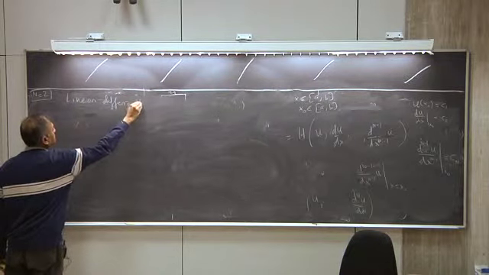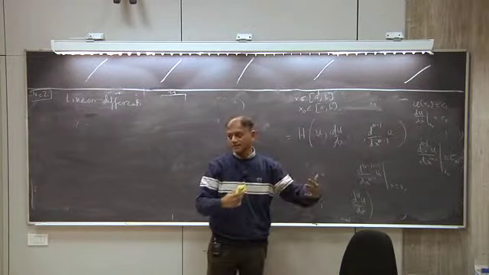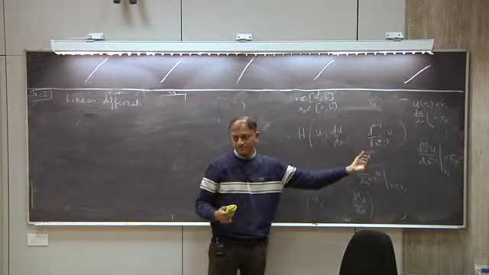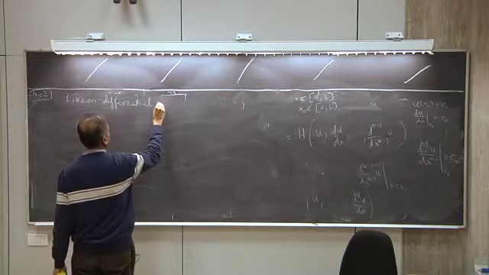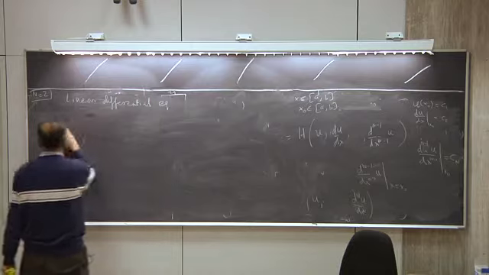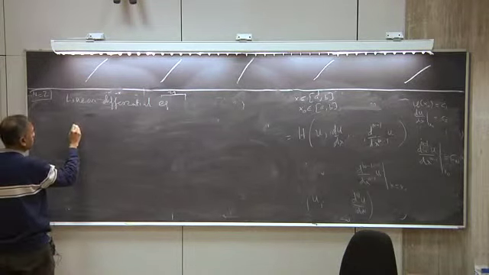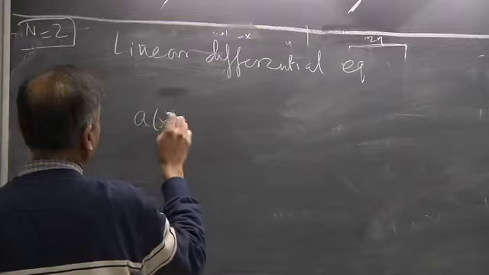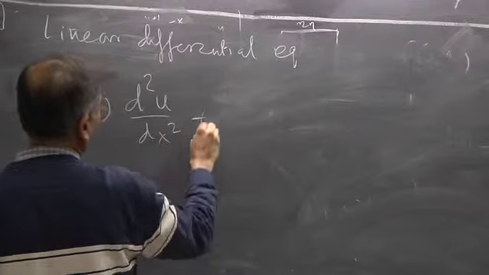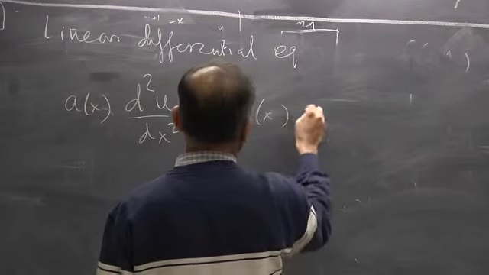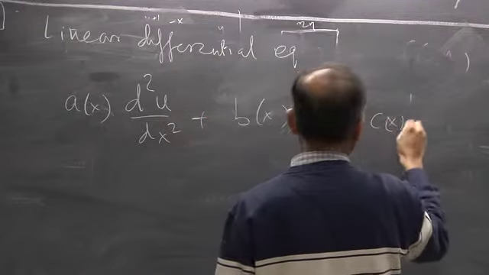Linear means that the function and its derivatives appear linearly. There are never products of these. So linear differential equations. The most general linear differential equation of the second order is of the following type: a(x) d2u by dx2 plus b(x) du by dx plus c(x) u.